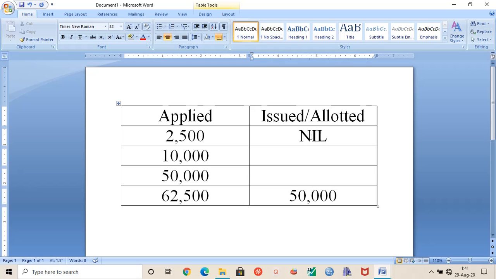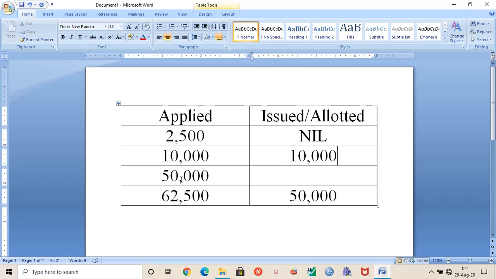So allotted will be nil. Then allot in full to the applicants of 10,000 number of shares. So you can allot the full 10,000. So 10,000 was applied and 10,000 was allotted.